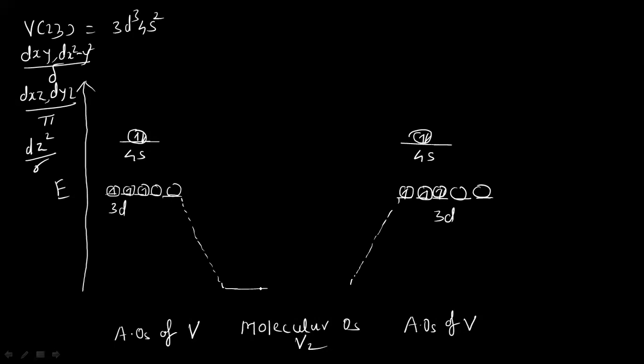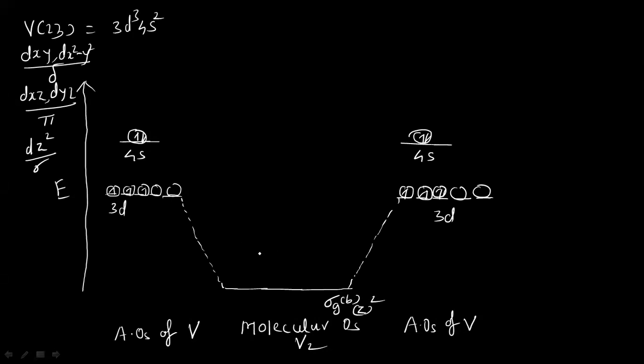It is suitable for the formation of the sigma bond, so it will give the sigma g bonding molecular orbital, and it is from the dz square orbital.